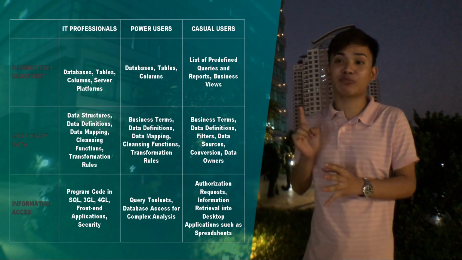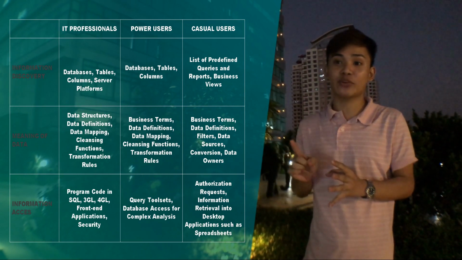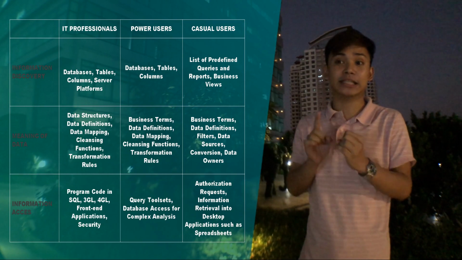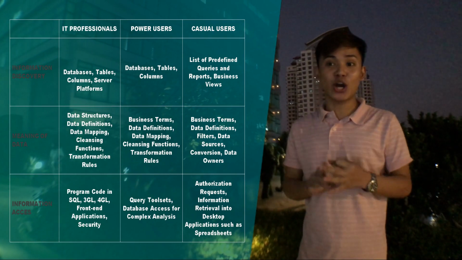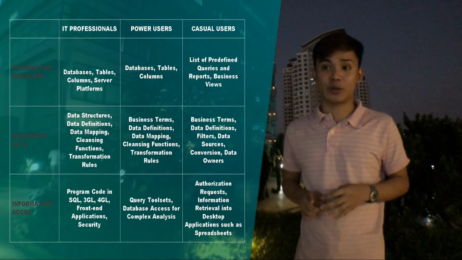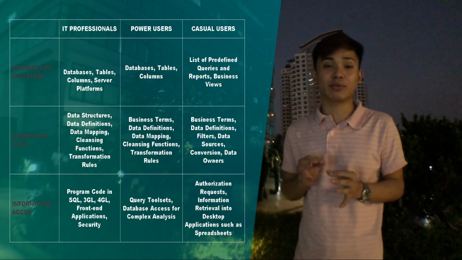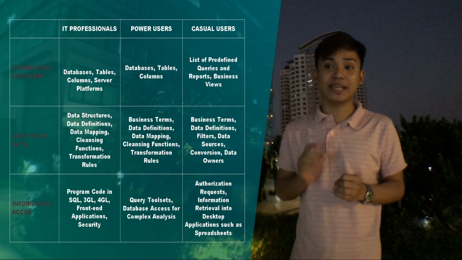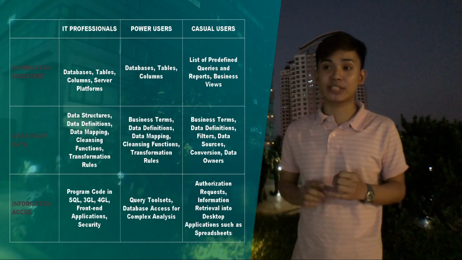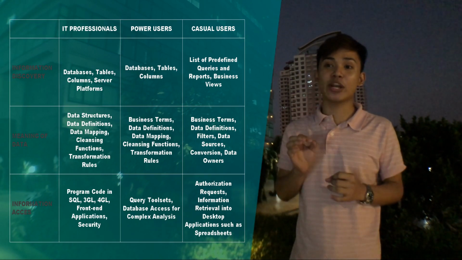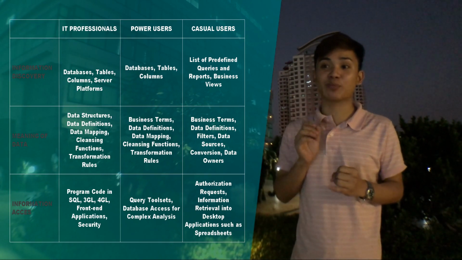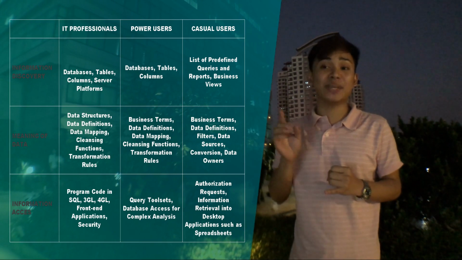First is the IT professional. The information discovery for IT professionals are databases, tables, columns, server, and platforms. For power users, their information discoveries are databases, tables, columns. For casual users, our information discovery are lists of predefined queries and reports, business views.